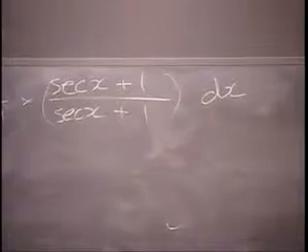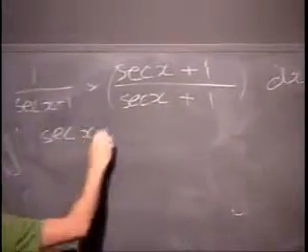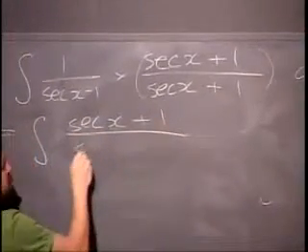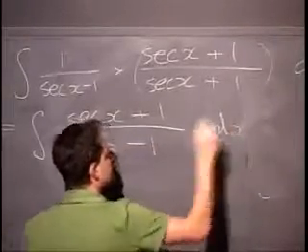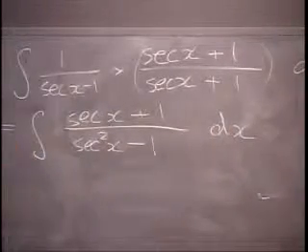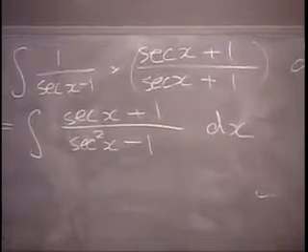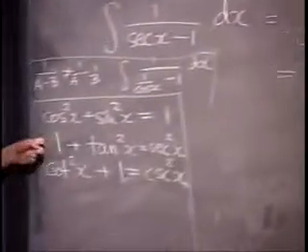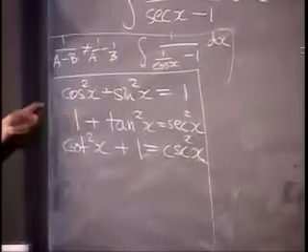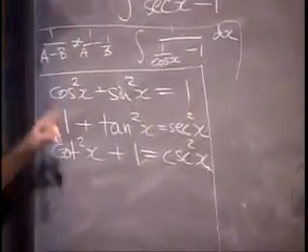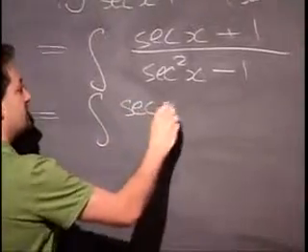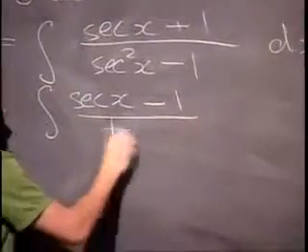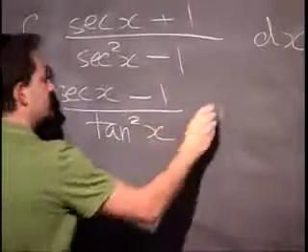And you will get secant x plus 1 over secant squared x minus 1. Now, according to this middle identity, slightly rearranged, secant squared x minus 1 is tan squared x. So the bottom becomes significantly simplified, and you get secant x plus 1 over tan squared x.